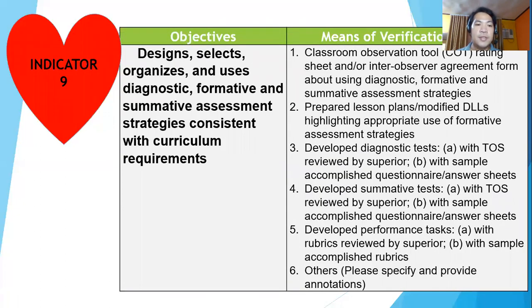Indicator number 9, designs, selects, organizes, and uses diagnostic, formative, and summative assessment strategies consistent with curriculum requirements. First one is the COT rating sheet, using diagnostic, formative, and summative assessment strategies, lesson plan, developed diagnostic tests with TOS or Table of Specifications reviewed by superior, with sample accomplished questionnaire and answer sheet.